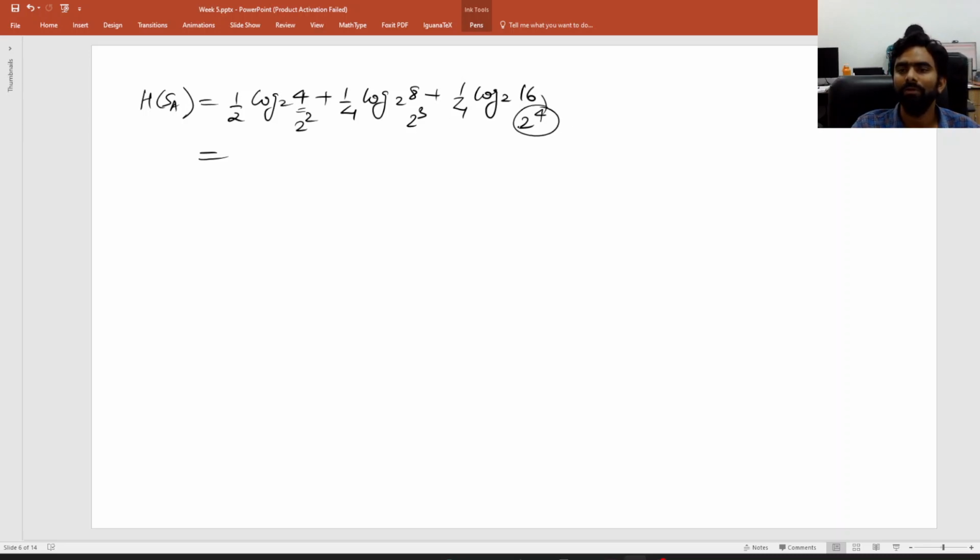Now solve: log base 2 of 2 raised to 4 would be 4, and log base 2 of 2 raised to 2 would be 2, so 2 by 2 plus 3 by 4 plus 4 by 4. So clearly it would be 1 plus 1 plus 2 plus 3 by 4. By solving this, you will get 2.75.